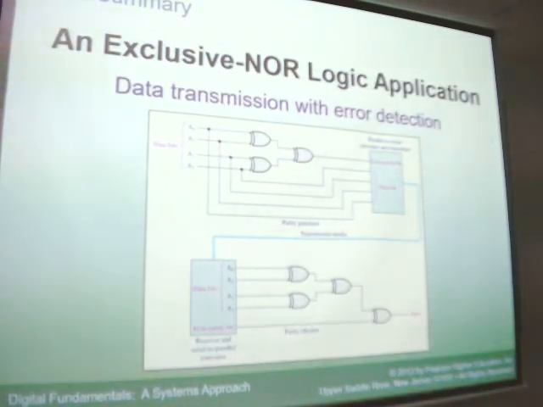Exclusive OR logic can also be used in data transmission with error detection. For this diagram, the upper part is a parity generator.